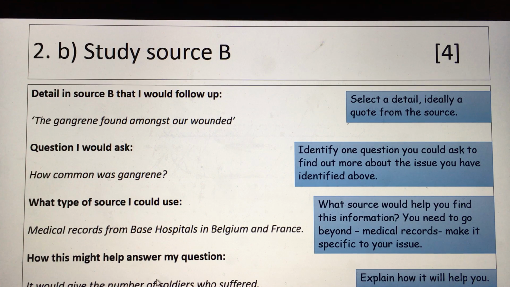It's going to give the number of soldiers who, in this case, suffered from gangrene. Okay? It will give a number of soldiers. You can count the number of people who have been recorded in these medical records. Okay? So, I'm not saying you have to do a how common or a how many question, but I advise it as it is the easiest way to get the marks for this bottom question.